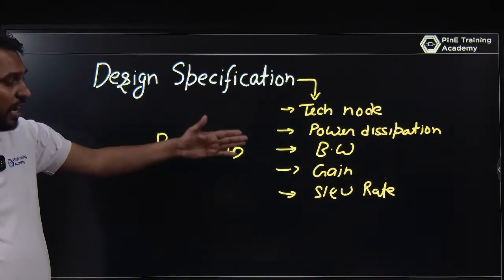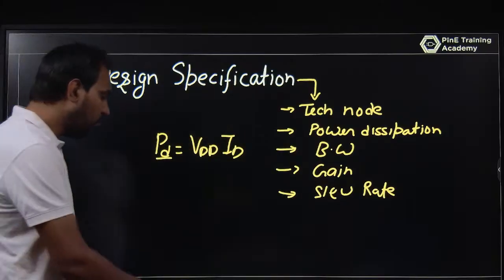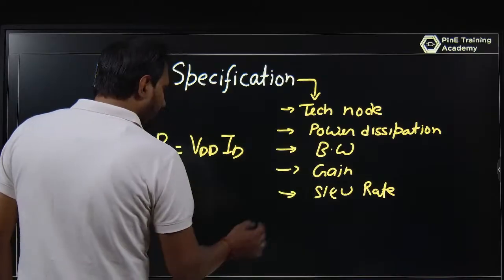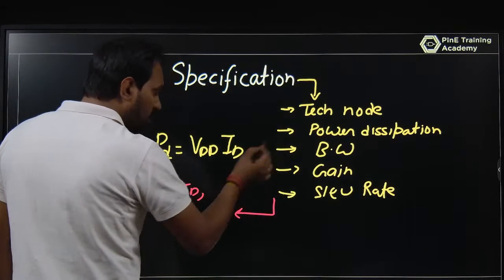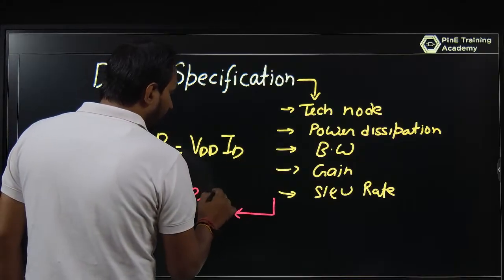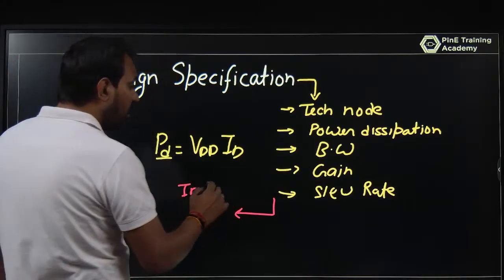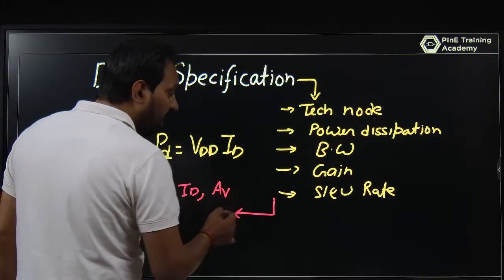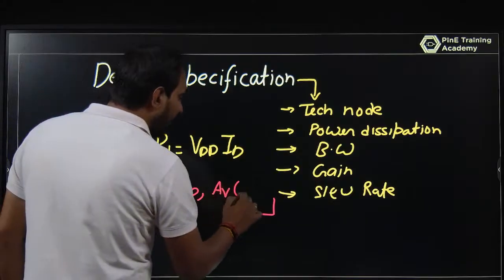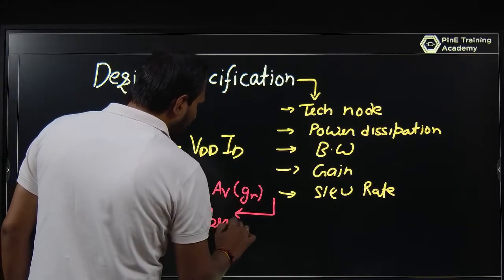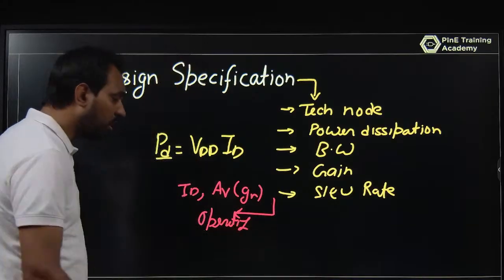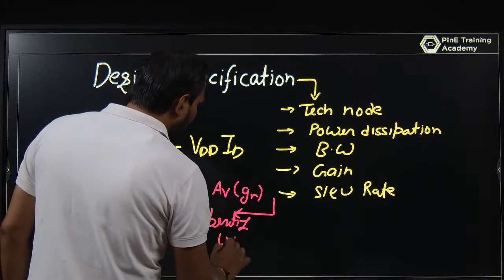On the basis of those values you will set the power and the drain current ID. On that basis you will set your output impedance and your gain. On the basis of the gain you can determine the transconductance gm and your operating point. These are the very important points. On that basis you can decide the W by L also.